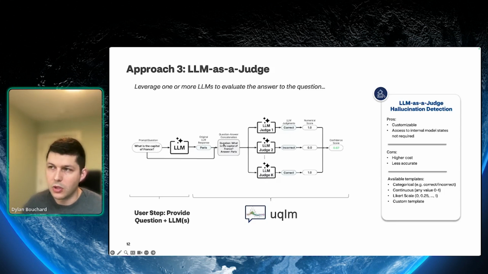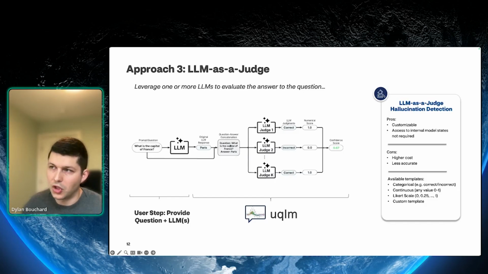We form a string concatenation of the question and the generated response, and then we feed that concatenation prepended with some instructions to evaluate its correctness to one or more judge LLMs. Maybe you have one LLM judge, maybe you have 5, whatever your workflow looks like. The judges each form a judgment on the correctness of that response to that question. Again, this is closed book, so there's no reference answer or anything.